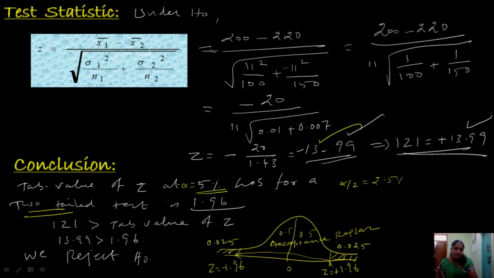Instead of that, if it falls in this shaded region, that is my rejection region, which means we have to reject the null hypothesis. My calculated value is minus 13.99, that is approximately here, isn't it? Minus 13.99. So it falls in the rejection region, so we have to reject the null hypothesis.